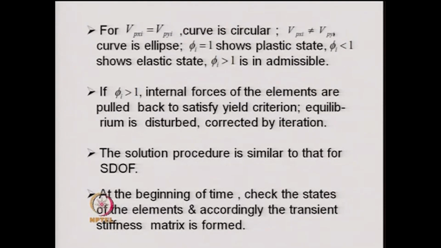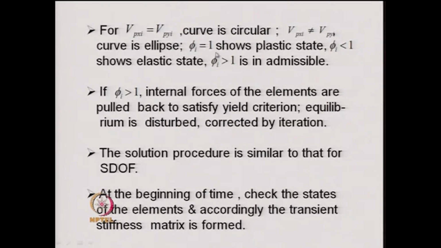Now, if Vpxi and Vpyi are the same, then the curve turns out to be a circular curve. If Vpxi is not equal to Vpyi, then the curve is an ellipse.